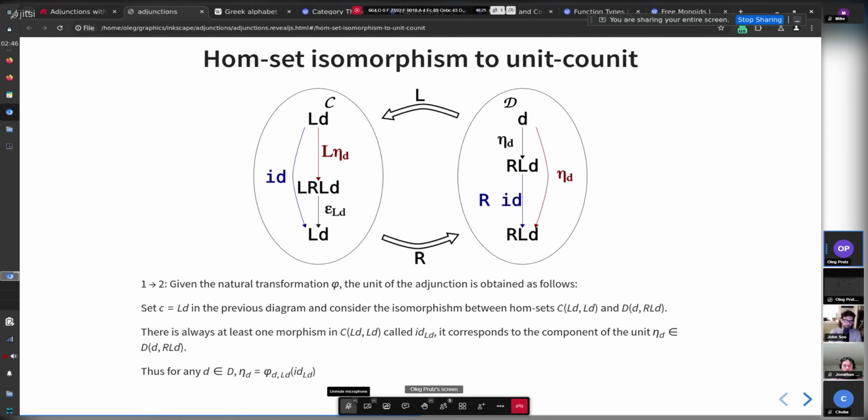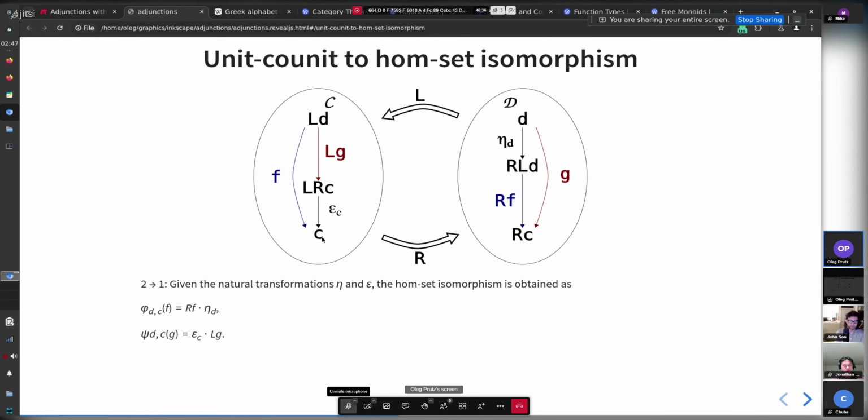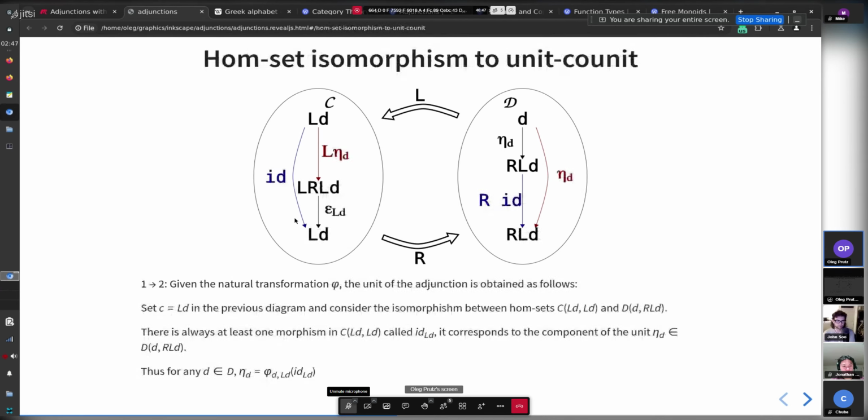So we also want to express a unit and co-unit in terms of the home set isomorphism. What we do here is set C to LD, and set F to identity on LD. You see that? And now apply phi to it. Phi is a natural isomorphism, that is an invertible natural transformation.